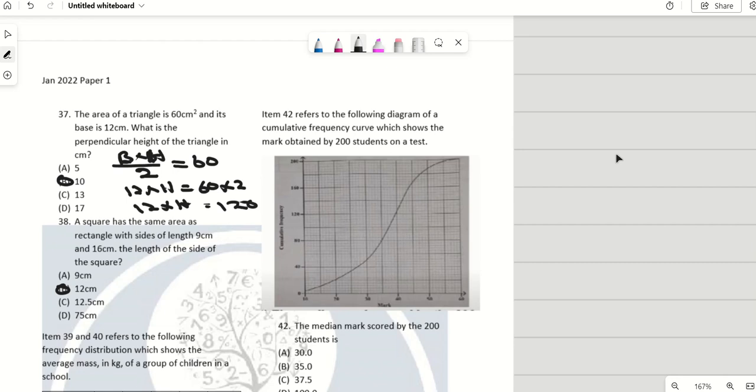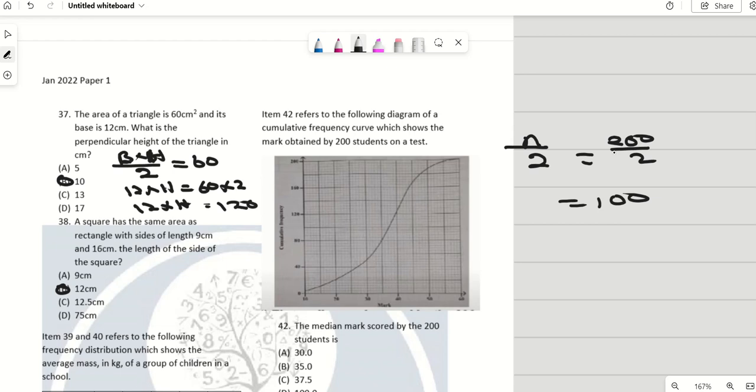Item 42 refers to the following diagram of a cumulative frequency curve from which the marks obtained by 200 students are shown. The median score of the 200 students: as we know, the median is n over 2, which is 200 divided by 2, which equals 100. So if your cumulative frequency is 100, they want to know what the score is.